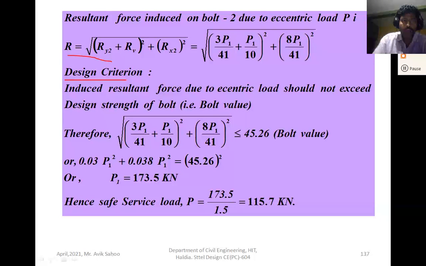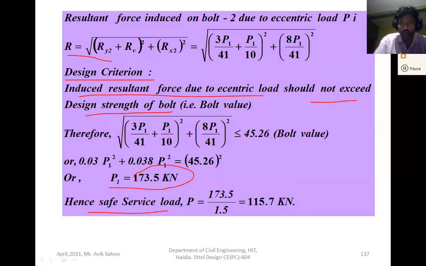Now we apply the design criteria to get P1. The induced resultant force due to eccentric load should not exceed the design strength of the bolt. We apply this mathematical condition, solve the equation, and we get the P1 value 173.5. This is the factored load, so the safe service load is the factored load divided by 1.5.